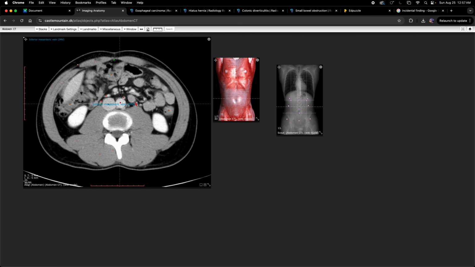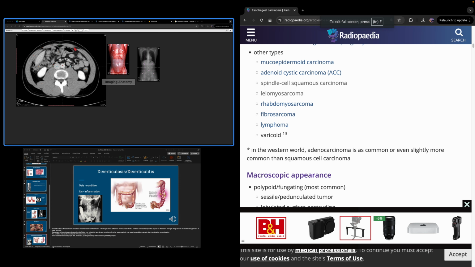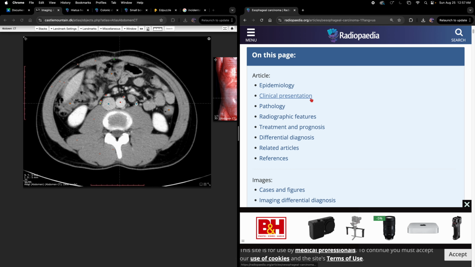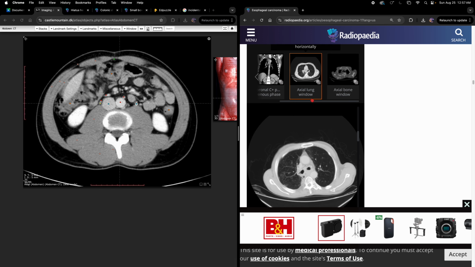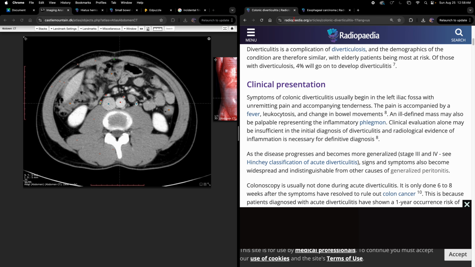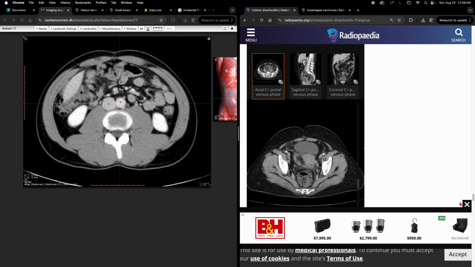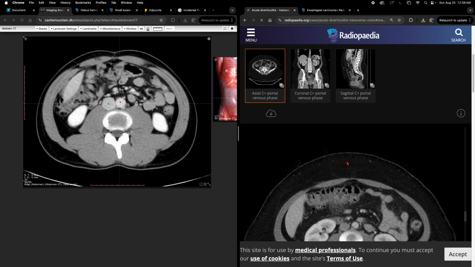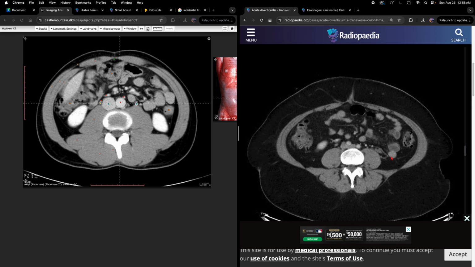What I'll try to do is put these side by side. Give me one second.